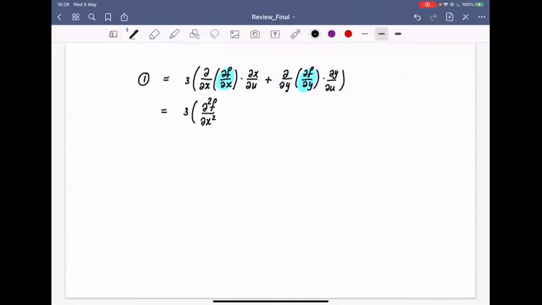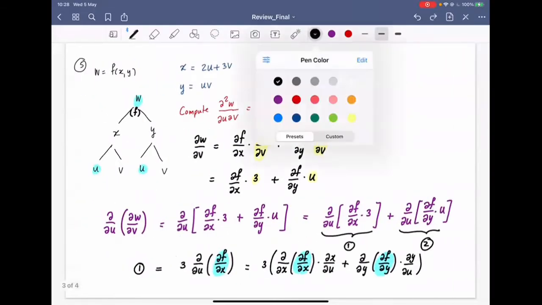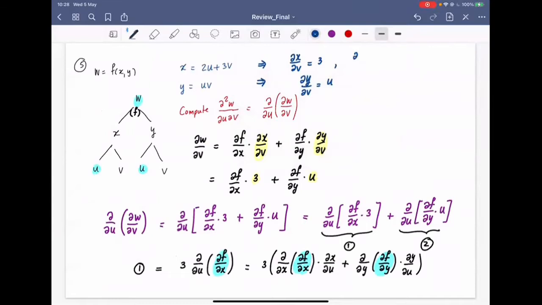Then we have differentiate x by u here, which we know the form of x, so we can differentiate with respect to u, so you get 2, and we know the form of y, we differentiate with respect to u, so you get v. Keep that in mind, and you're going to use it later.